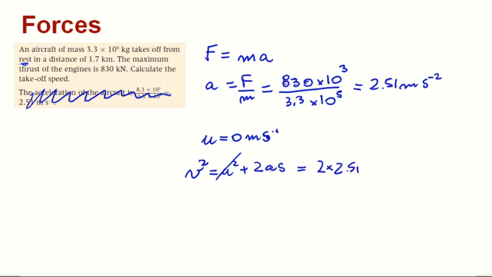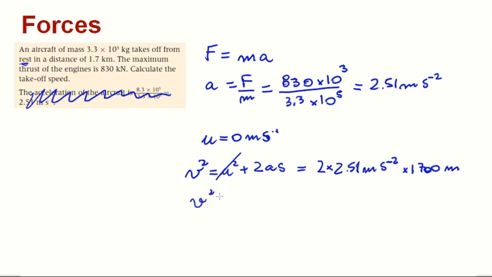This is meters per second squared, this is kilometers, so we would have to convert 1.7 kilometers to meters. So let's put all the units: meters per second squared times 1,700 meters. When we have both in meters, we will have our speed in meters per second.